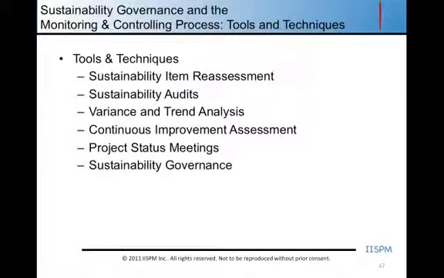The tools and techniques that we use for governing sustainability projects, we look at the sustainability items reassessment. So we've defined sustainability within the project. As we look at those particular items, we have to assess and reassess our targets or our movement towards those targets.